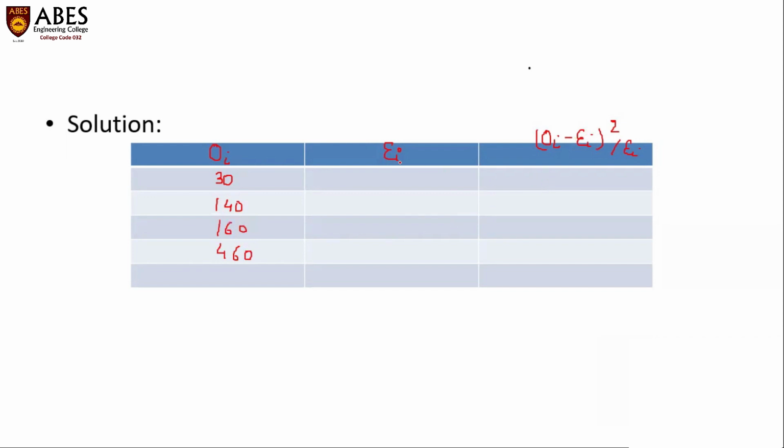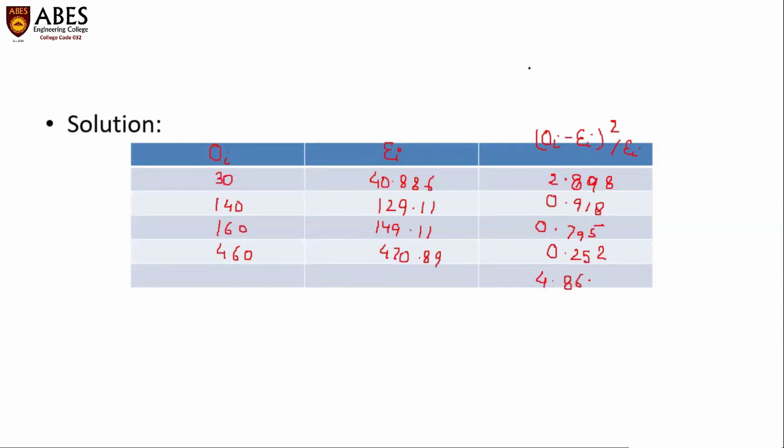And the corresponding EI values were 40.886, 129.11, 149.11 and 470.89. And when these values are calculated, they come out as 2.9898, 0.918, 0.795 and 0.252, and the summation is obtained as 4.863.